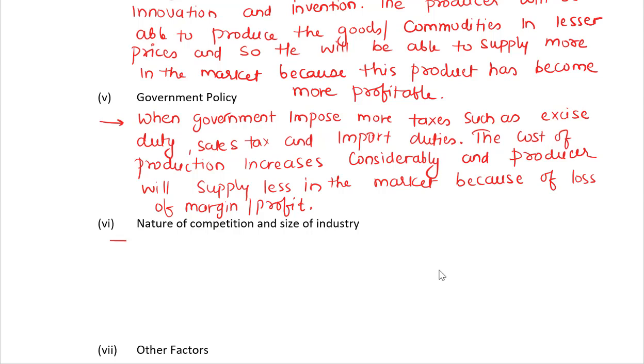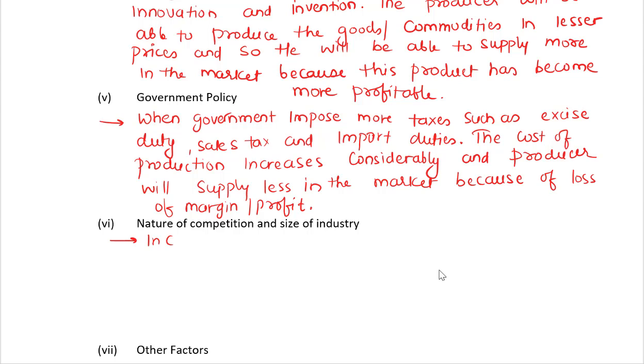Let's move ahead. Nature of competition and size of industry. Nature of competition. So, in case of monopoly, the supply will be less. In case of perfect competition, supply will be more.